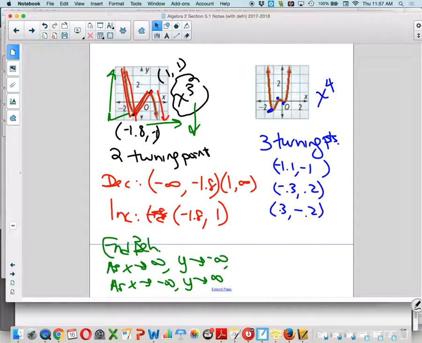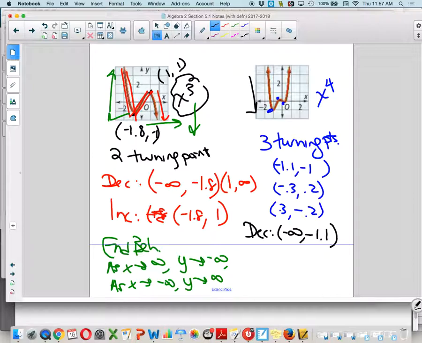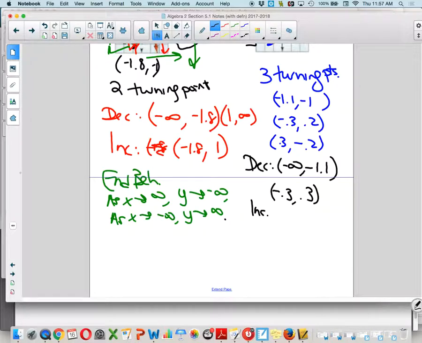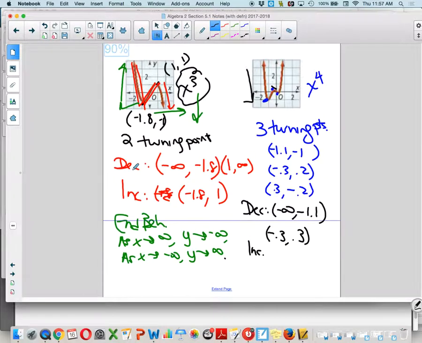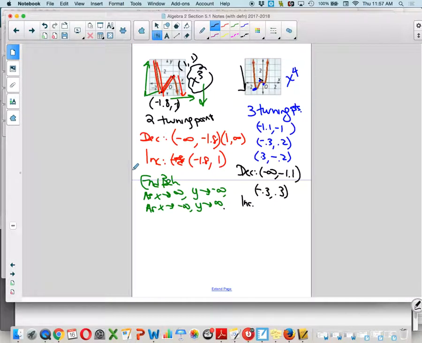And then you can just check this. You'll notice I've gone ahead and listed the 3 turning points this time, which means you're going to have several different decreasing and increasing intervals.